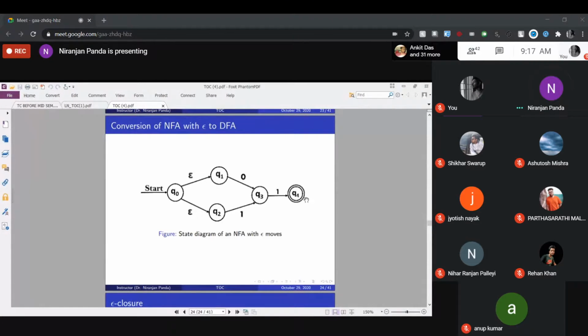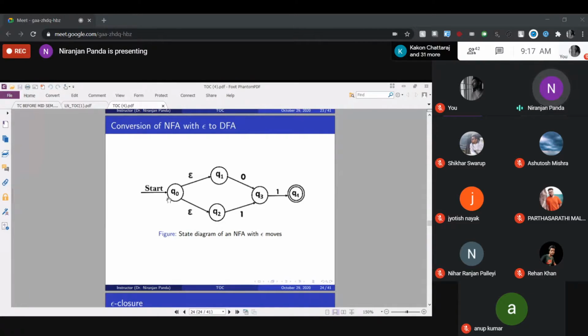Okay. Then how to find out its epsilon closure? As per the definition I told you, what was the definition? If I am finding the epsilon closure of any state, that means the state itself and the states which are reachable from it with a value of epsilon.